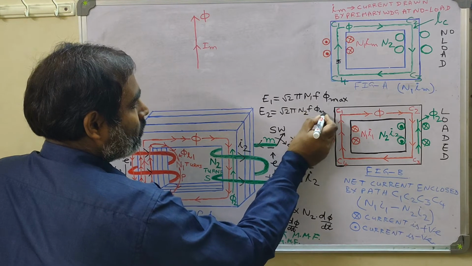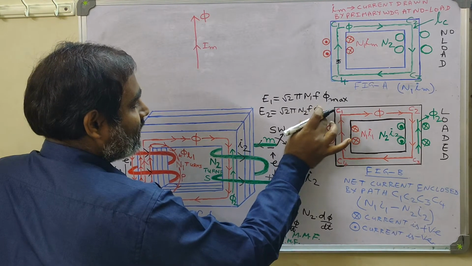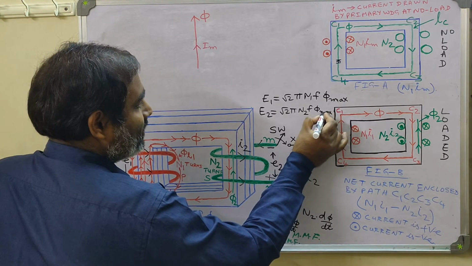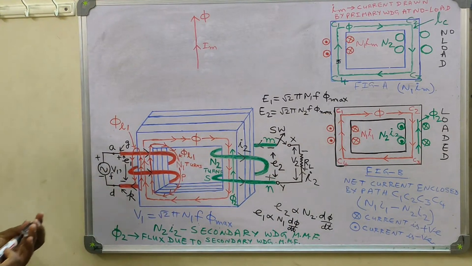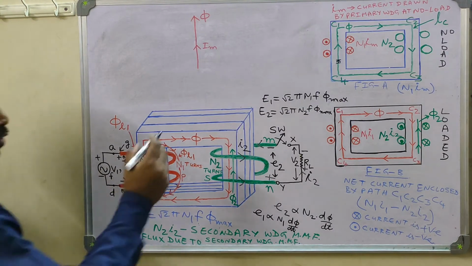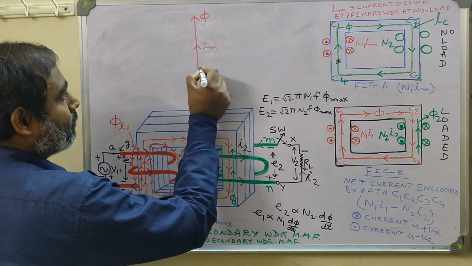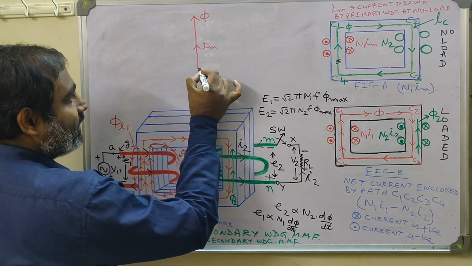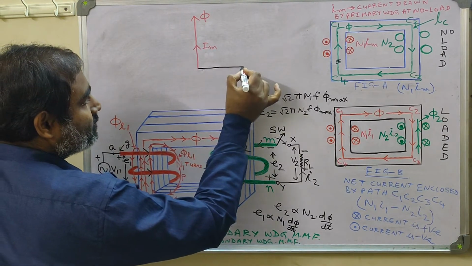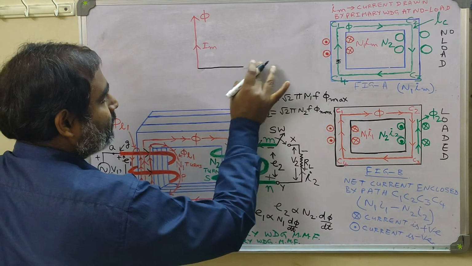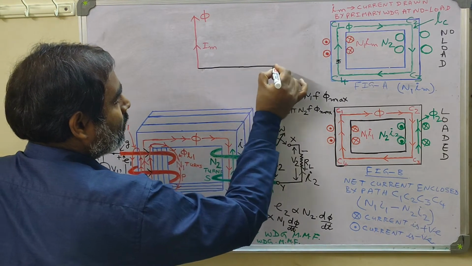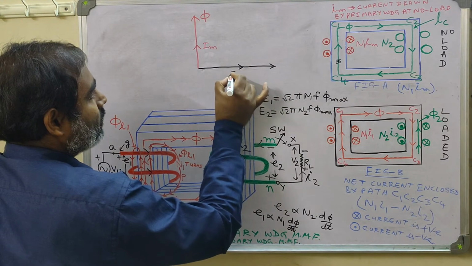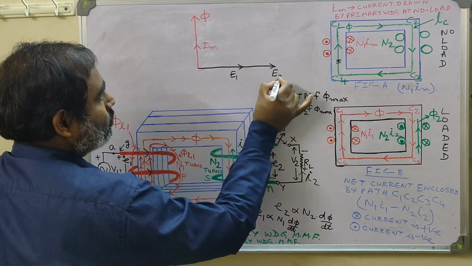Now, as I was saying earlier, both E1 and E2 will lag the magnetic flux by 90 degrees. So I am drawing E1 and E2 with respect to phi, lagging by 90 degrees. Let me draw it. So let's say this is our E1 and this is your E2.